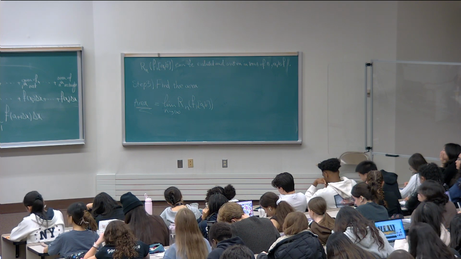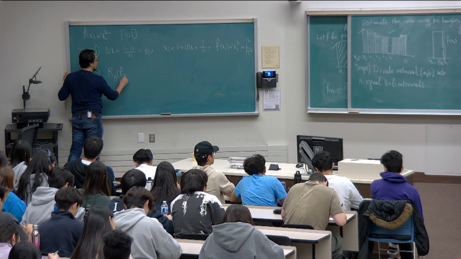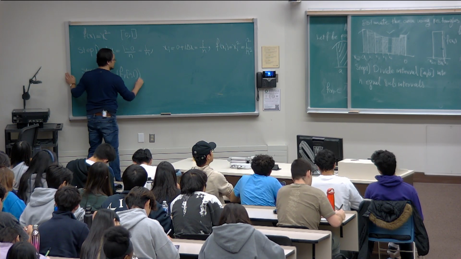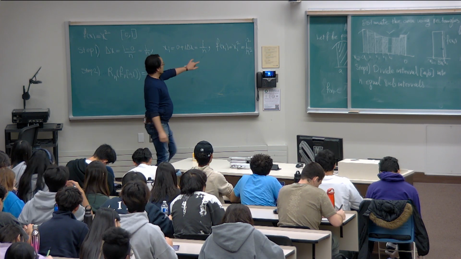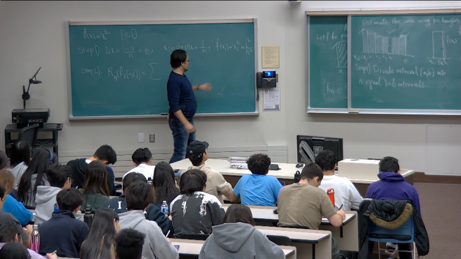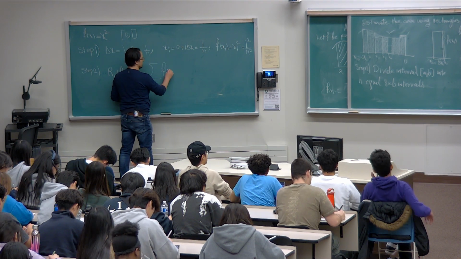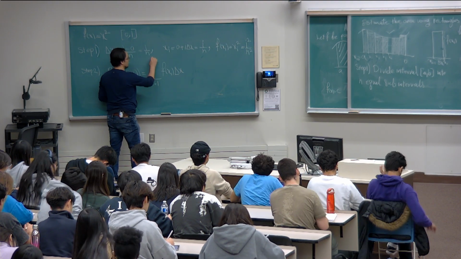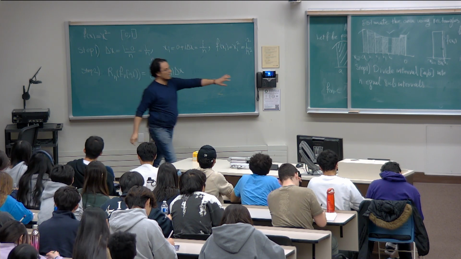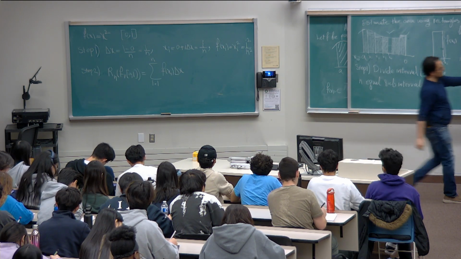Now we are trying to find what is Rn of f on [0,1]. Yes? This is the sum of f of xi times delta x, i goes from 1 to n. That's the formula we have here. Let me write this formula and then I plug in.